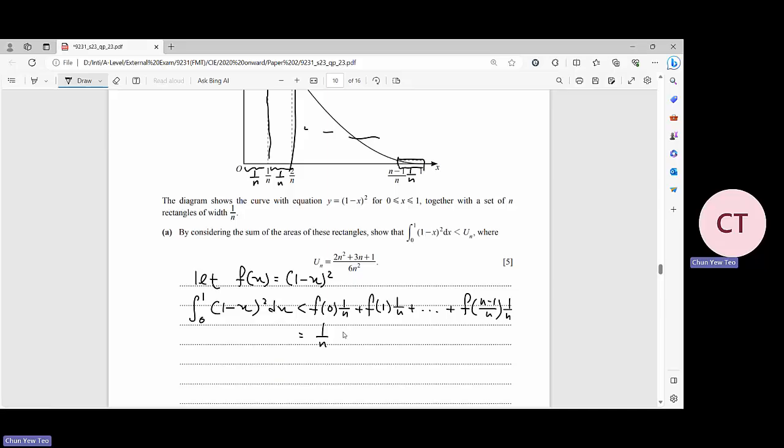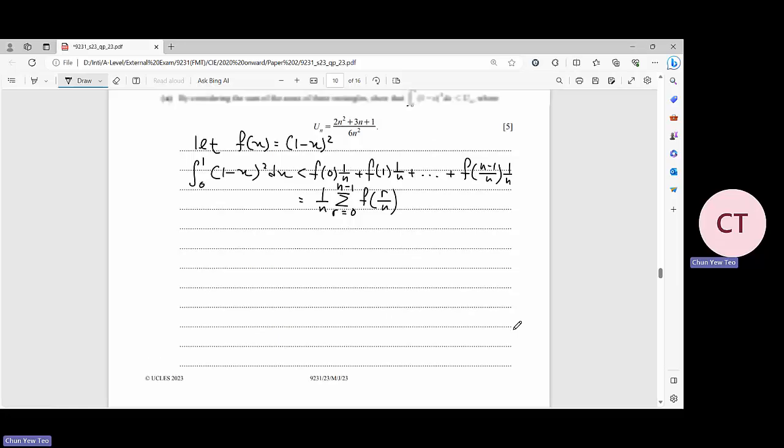And over here, you can make this become a series, r equals 0 until n minus 1 of f(r/n). You can change into this form. Let me write the sigma symbol properly.